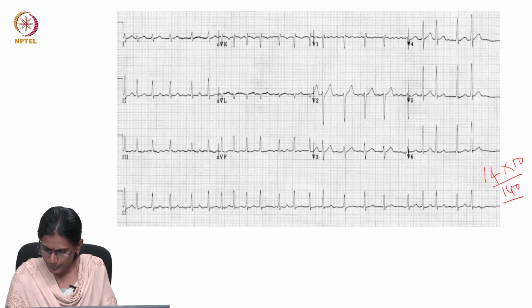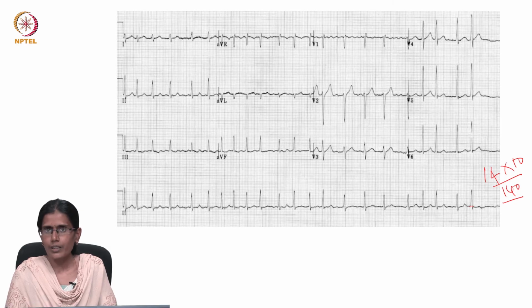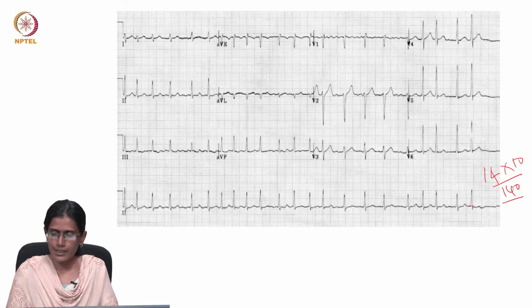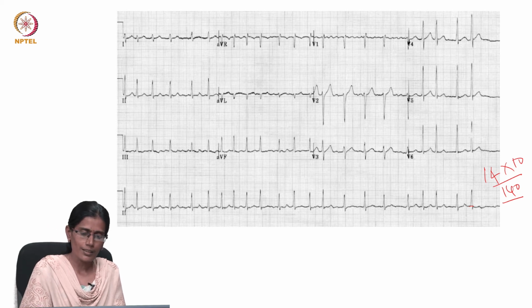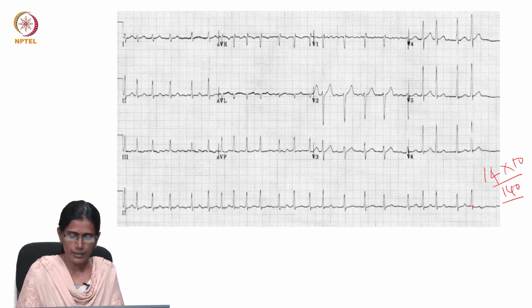Let's calculate the QRS duration. It is less than 2 small boxes. Okay, so it is less than 120. So, this is a narrow complex tachyarrhythmia. If it is narrow complex tachyarrhythmia, you are going to find out whether the QRS complexes occur at regular interval or irregular interval.